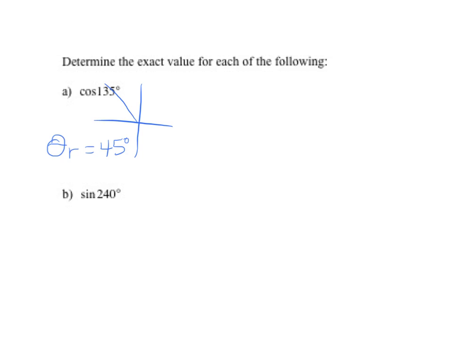45 degrees is one of the special angles because it's on one of the special triangles. So then I need to think about finding the cosine of 45, the cosine of the reference angle. So if I think about that special triangle that I had, it looked like this, with 45 degrees in there and in there.